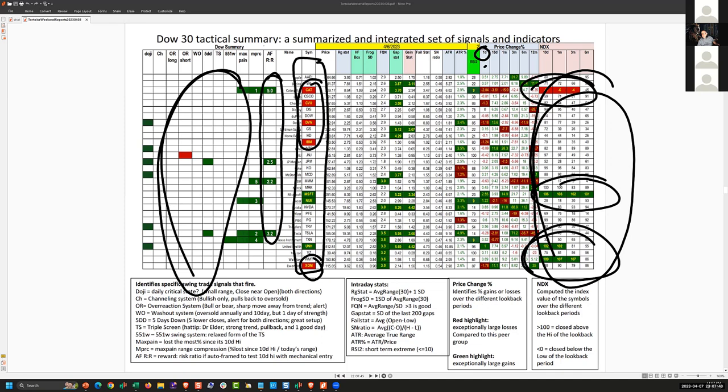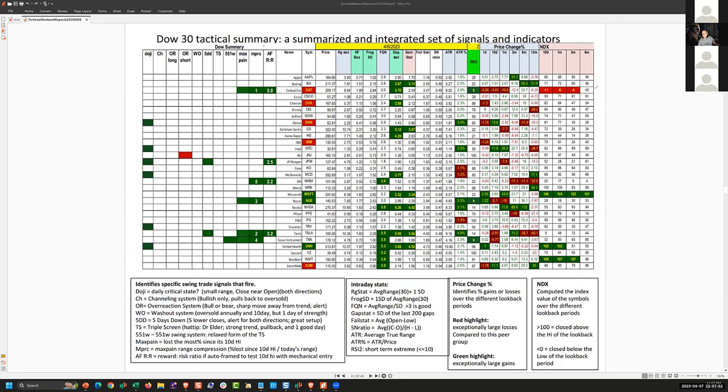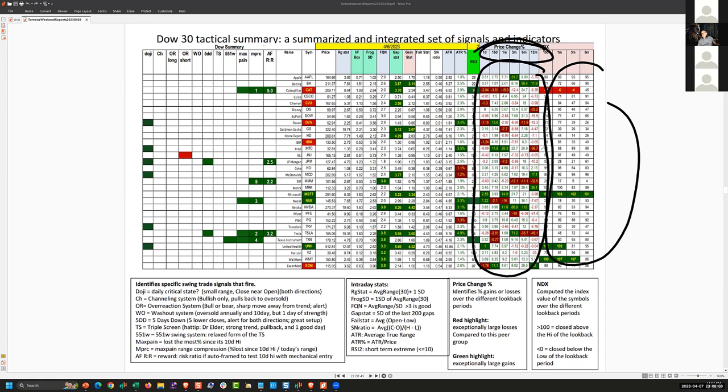The ones that are exceptionally good get color-coded green, and that's why their ticker symbol is green. And this was terrible, red, and that's why his symbol is red. So in a nutshell, I can see exceptional information. I can see relative performance of the exceptional winners and losers for those look-back periods.